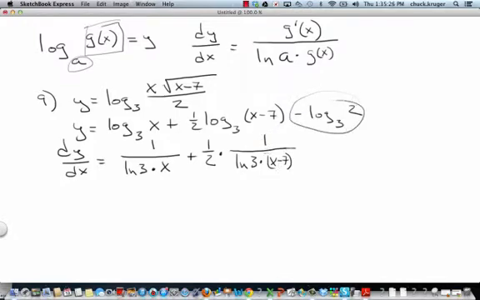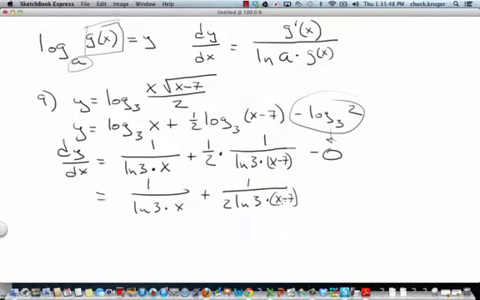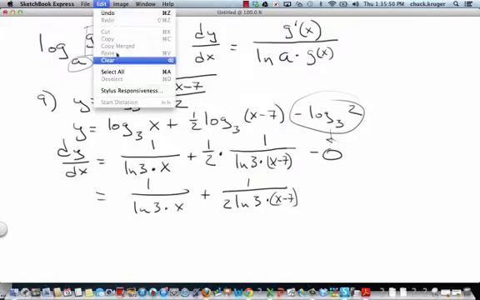This is some type of constant. I don't know what it is, nor do I care, because when I take its derivative, I'm going to get 0. So my answer will look like this: 1 over the natural log of 3 times x plus 1 over 2 times the natural log of 3 times x minus 7. And that's my derivative.